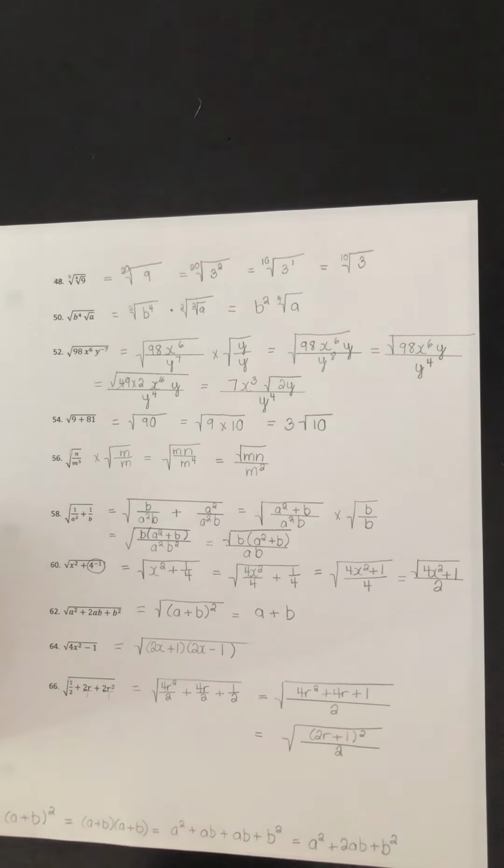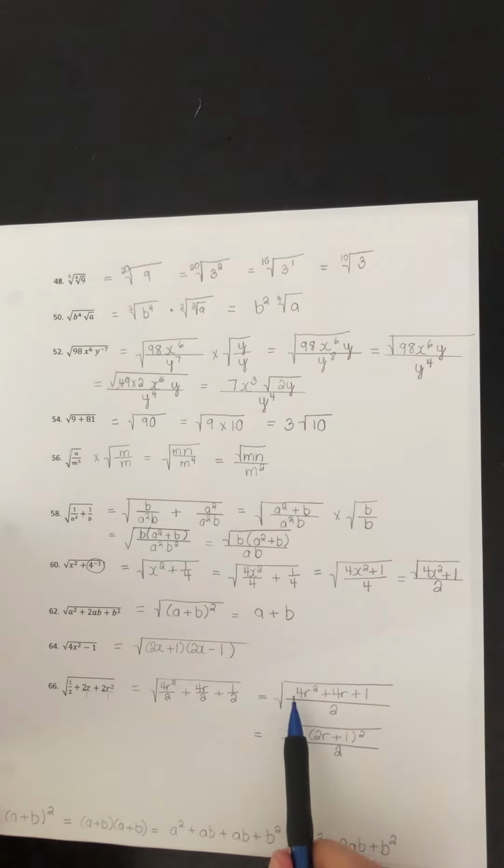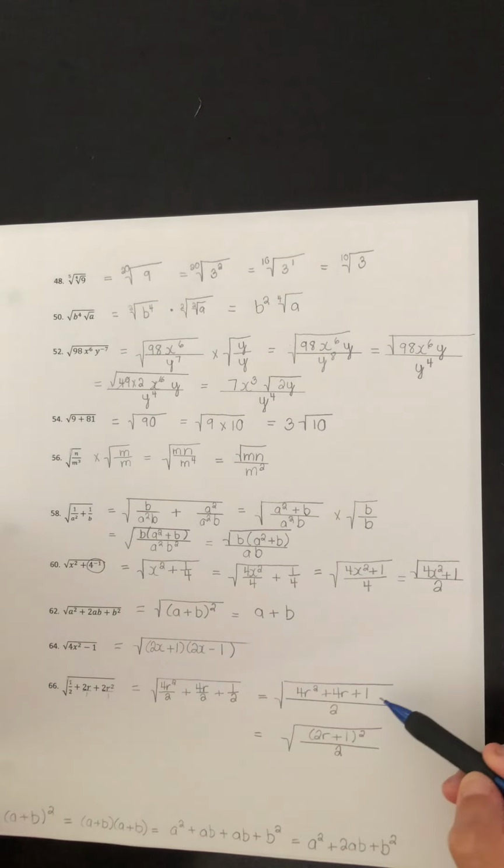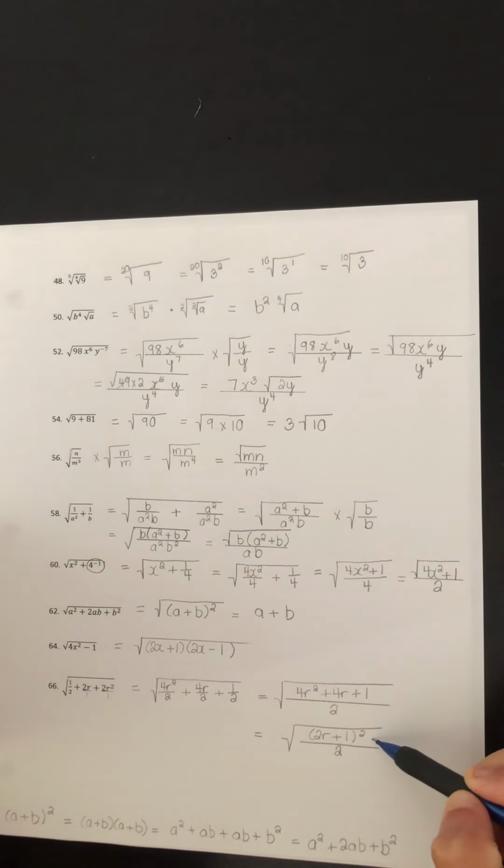I know you had a full lesson, rather a full unit on factoring. At the very least, once again, you should be able to expand 2r plus 1 all squared to see that it is indeed equal to this trinomial. But more importantly, you do need to be able to go from this version to this factored version here.